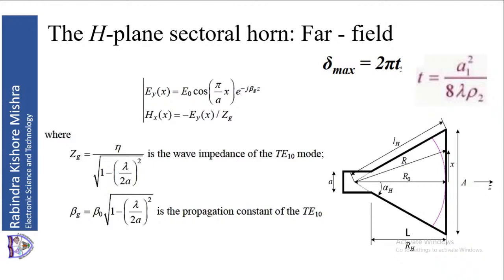Then for the Z variation, it is of the form exponential minus J beta into Z. So that gives you the far field. Based on that is the field distribution. We have a cosine distribution on the aperture, cos pi by AX. From that you will ultimately find the form of the electric field.